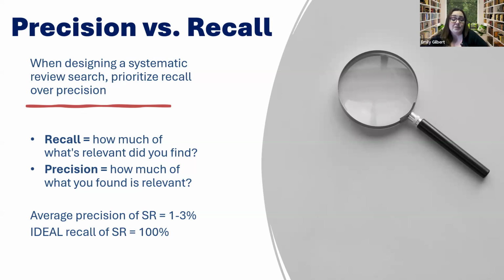But you should expect that, because the average precision of a systematic review search, so how much of what you're locating is actually relevant, is like 1 to 3%. Whereas the ideal recall of a systematic review search is 100%. So you should hopefully be finding everything that is out there that answers your research question that is reasonably available to be found.